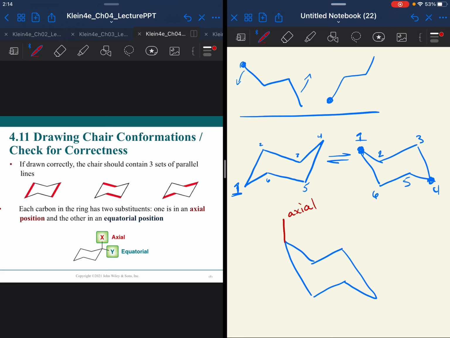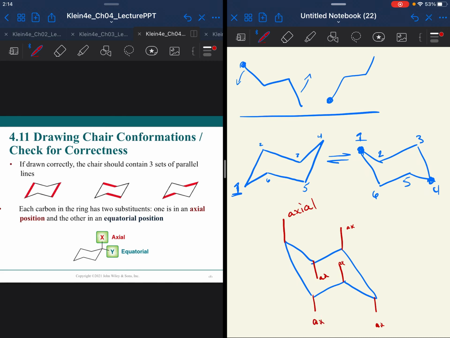It's parallel to that center axis. And then the carbon adjacent to it will be down axial. Up axial, down axial, up axial, down axial. All right, so they alternate up, down, up, down.